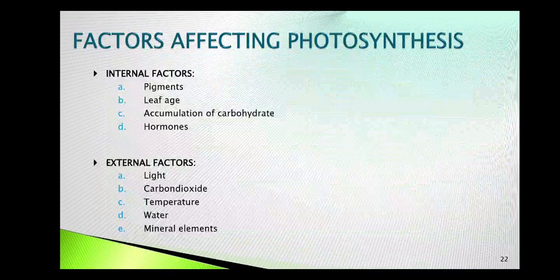Number two, external factors. The external factors are light, carbon dioxide, temperature, water and mineral elements. If any of these is received in lesser amount, it will directly affect photosynthesis.